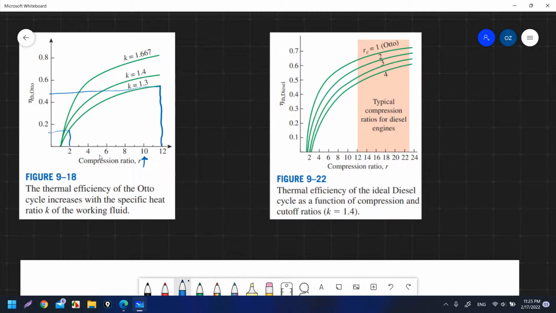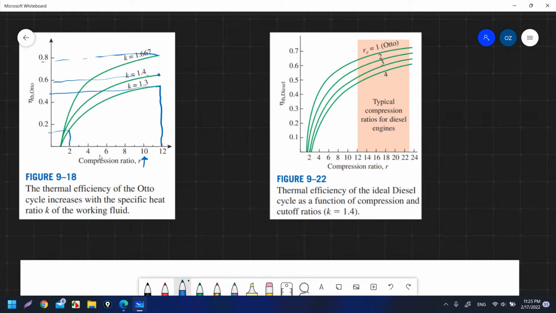It will increase. Also for the specific heat ratio k, by increasing it from 1.3 to 1.4 to 1.6667, the thermal efficiency is also increasing. For example, for k equals 1.667 with a compression ratio of around 12, the efficiency is around 0.8. But for the same compression ratio with a specific heat ratio of 1.4, we have a thermal efficiency of 0.6.